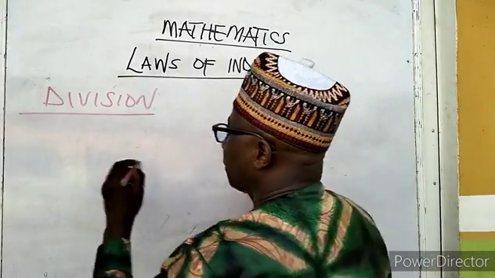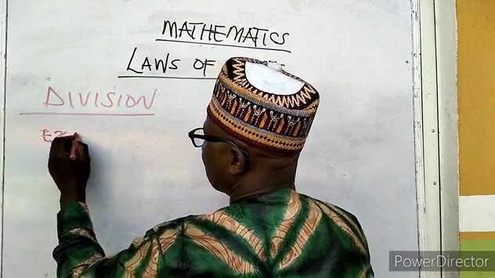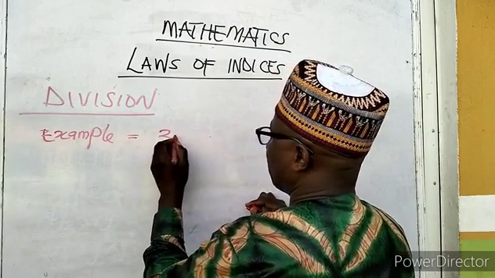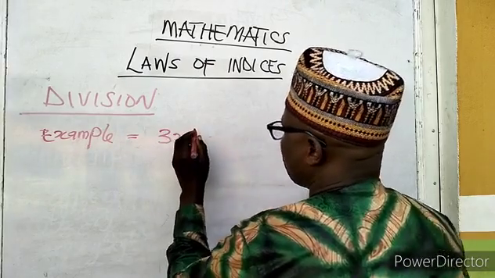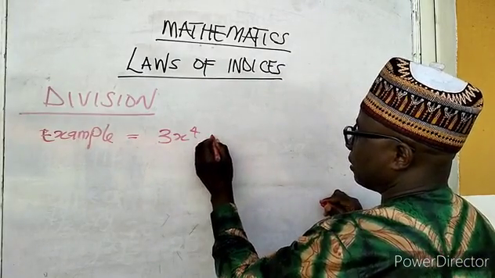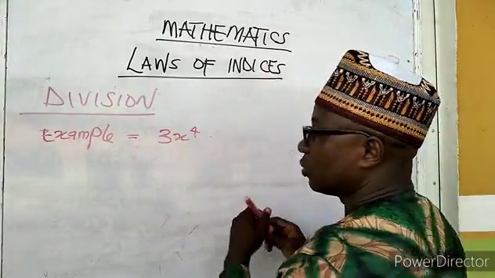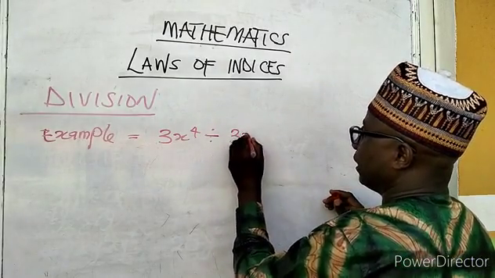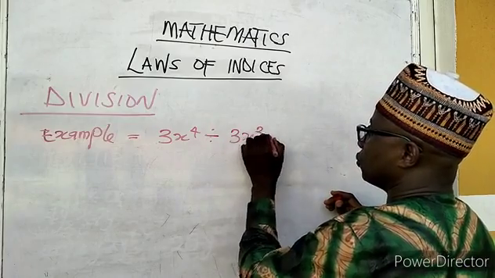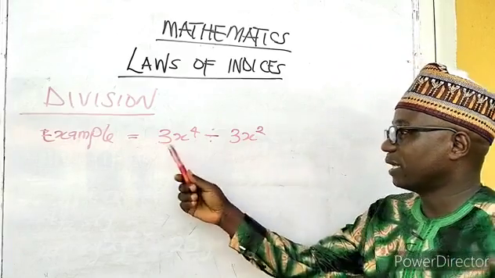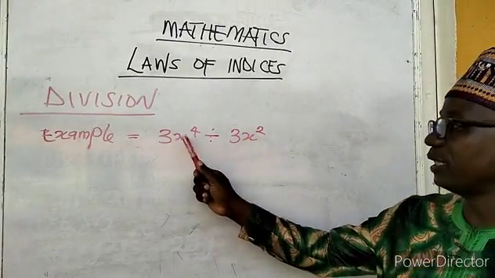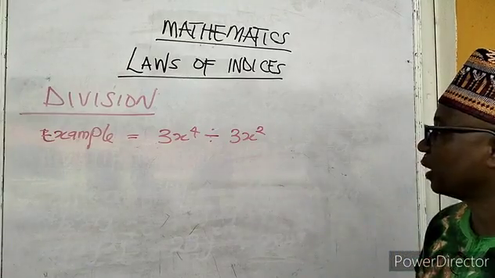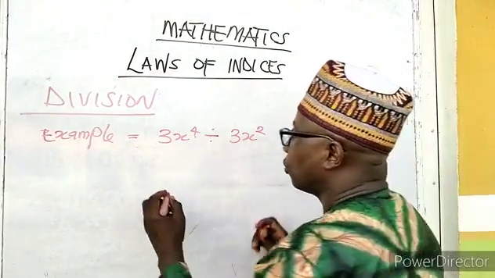So now, for example, I have 3x raised to the power of 4, that is divided by 3x raised to the power of 2. Now, of one example here, that is 3x raised to the power of 4 divided by 3x raised to the power of 2. Now, everybody, you all know what the division is all about.